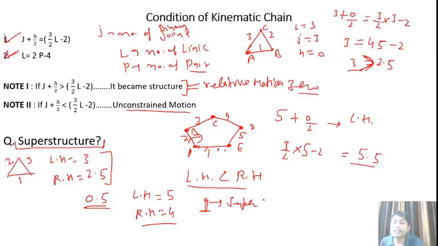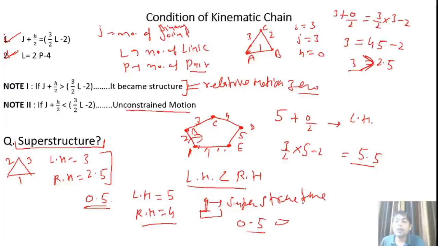Then this linkage is known as a superstructure, because in this type of linkage there is one link extra. Every 0.5 counts as one link extra, meaning there is one link more than a structure. A structure is useless, it does not transmit motion in machines.